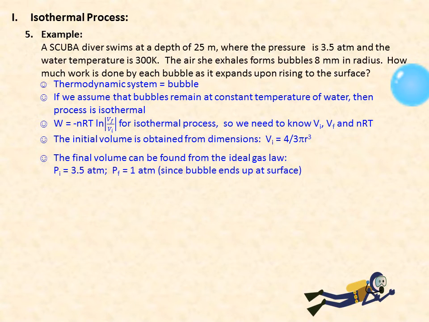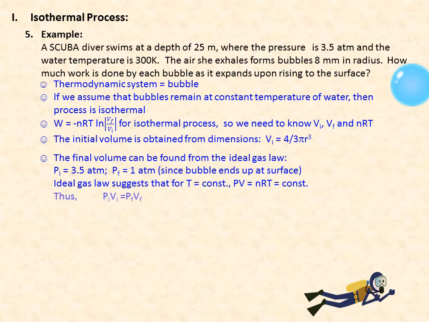Remember that we're given information about the initial pressure of the bubble at 25 meters down, which must be 3.5 atmospheres, whereas we will assume that when the bubble reaches the surface, the pressure there is simply atmospheric pressure, which we'll assume to be 1 atmosphere. The ideal gas law suggests that for a constant temperature, this relationship, pressure times volume, is a constant. That, you may recall, is simply Boyle's law.